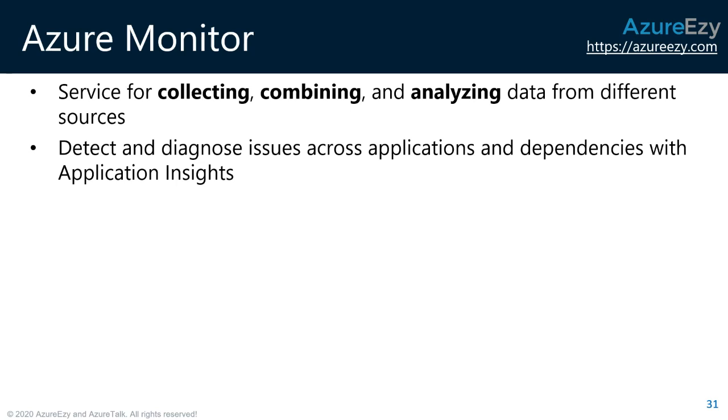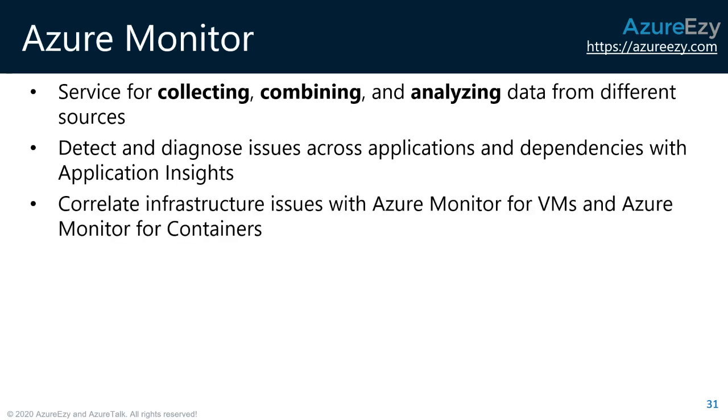We'll see what Application Insights is as well. Then you can also use Azure Monitor for correlating your infrastructure issues. Not only the application, you can also use it for your infrastructure, that is your VMs and your containers.